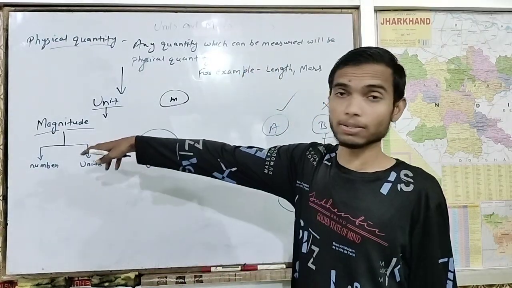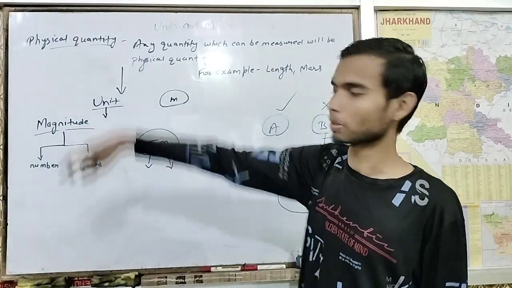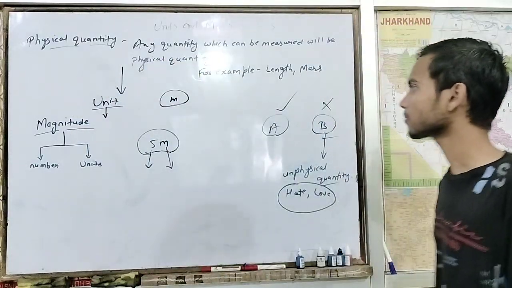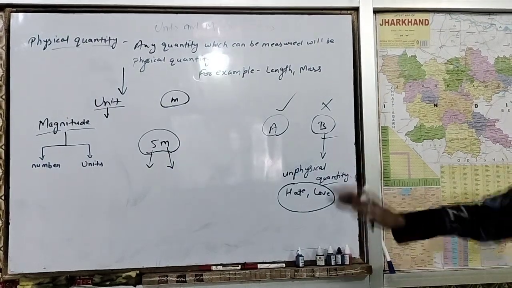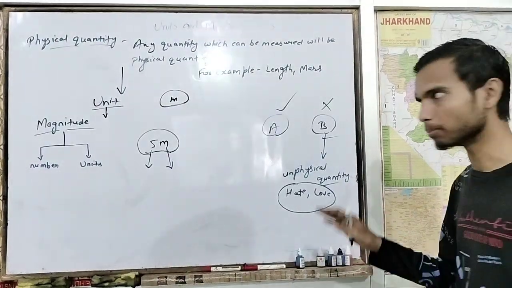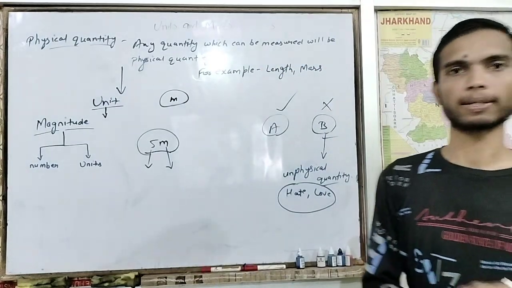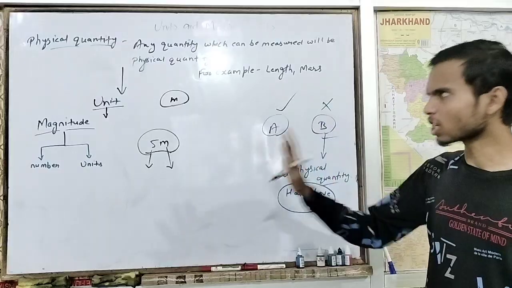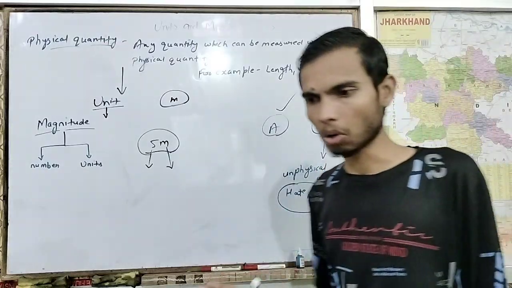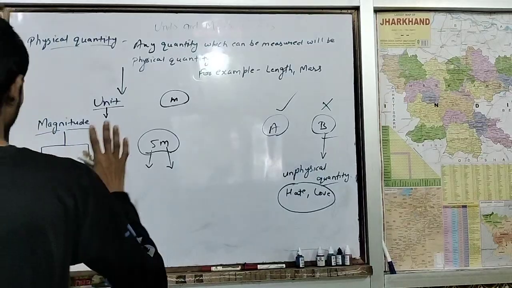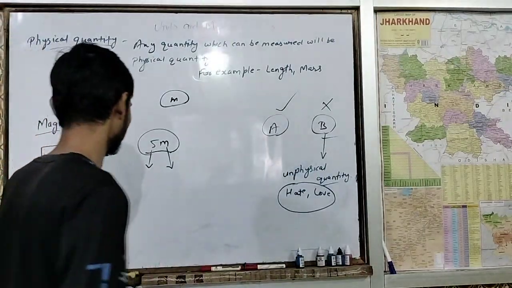We will link this with our upcoming topics. Now we are able to understand fundamental quantity and derived quantity. Some topics we have discussed and understood. Now let's see fundamental quantities and derived quantities.